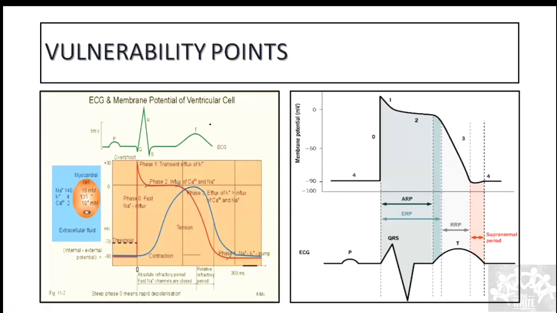This is why, whenever the QT interval is very prolonged, the duration of the action potential is prolonged, and there is a high chance that the relative refractory period will be long. At that time any arrhythmia can come in. Let's say a premature atrial beat came, and it can activate the heart and suddenly set it into arrhythmia. That is the importance.